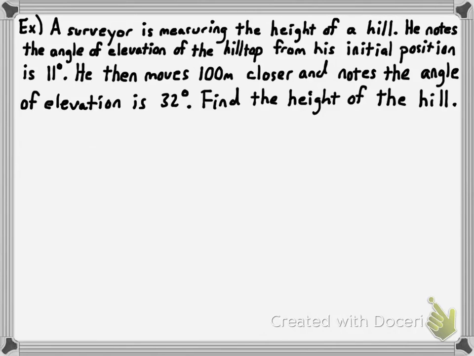Now this is a really clever surveying technique actually. Surveying is just a way of measuring for engineering purposes or whatever kind of purposes you have, by the way. This surveyor has come up with a clever strategy of finding the height of the hill. First of all, let's say that this is the hill right here, and then this is the ground.